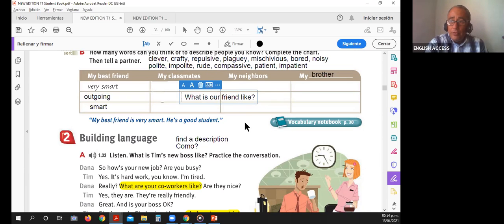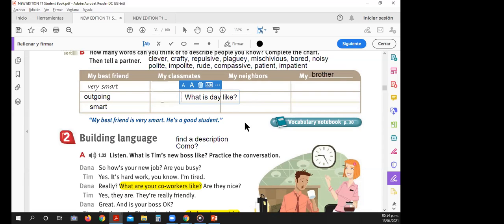There is another question. Let me move on a little bit. What is your day like? Aquí qué estoy preguntando. ¿Qué día? ¿Cómo es tu día?